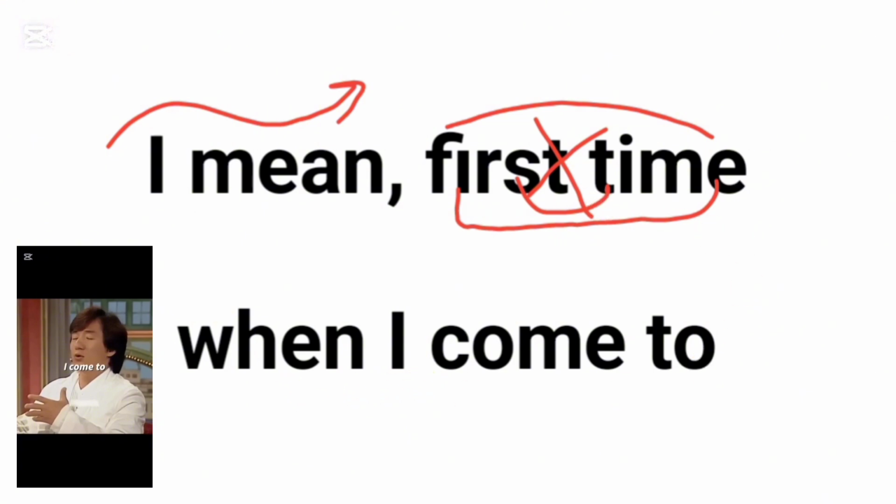When I come to, look at this word when. This word is pronounced very quickly, so that's why some people sometimes can't understand completely. When I, very smoothly linking these two words.